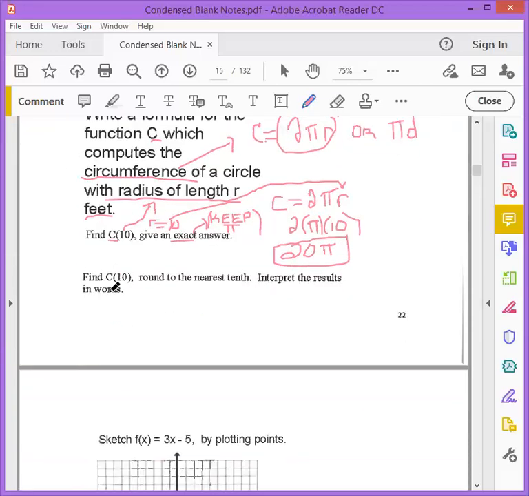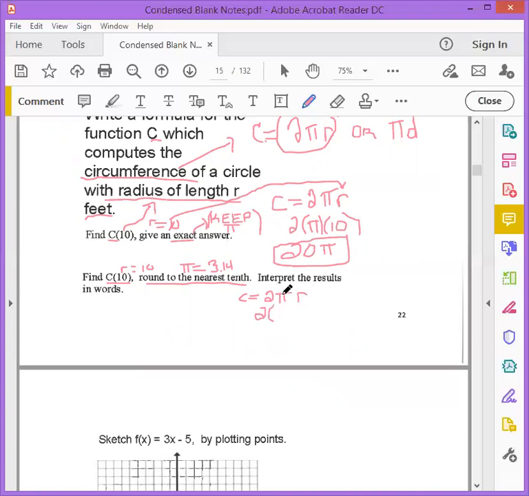Now, we're asked to find C of 10, so we're looking for the circumference again, but when the radius is 10. But this time we're asked to round to the nearest tenth. This time we don't want to keep the pi symbol. We have to use our estimate. We're going to substitute 3.14 for pi. So using our same formula, C equals 2 pi r, we're going to substitute.